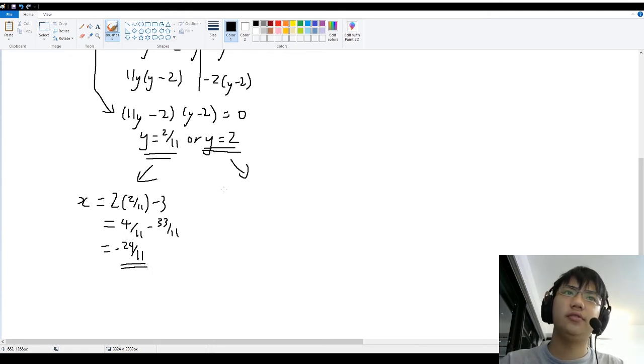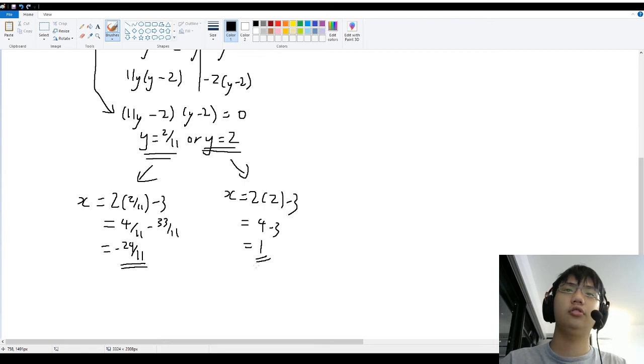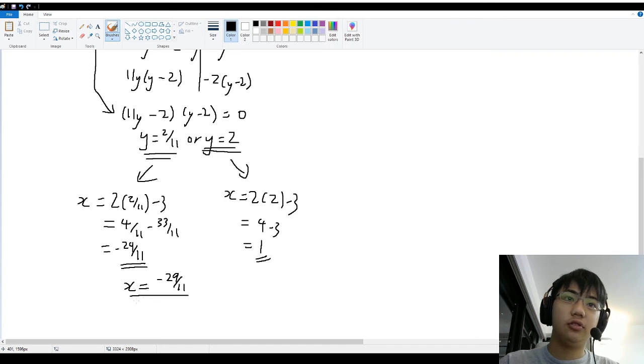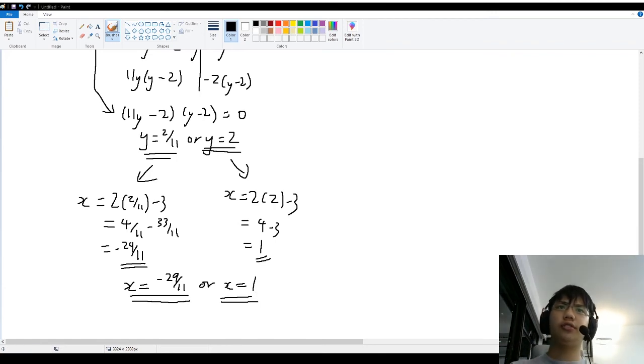And for this side, you have x equals 2 times 2 minus 3, which equals 4 minus 3, which equals 1. So x equals negative 29 over 11, or x equals 1.